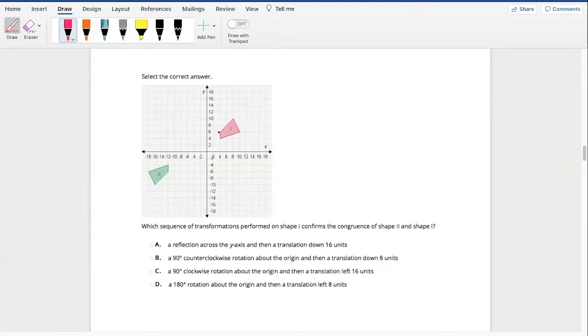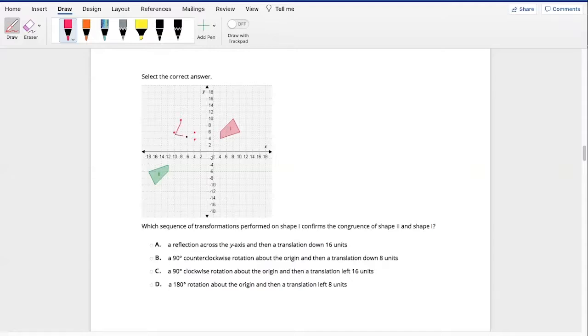y-axis. So this is right now 4 over, so it would be 4 this way. You can kind of draw your reflection. This point is 8 over, so it would be this way. And then this point is 10 over, so it's going to be 10 on the opposite side. So it's going to form that shape.